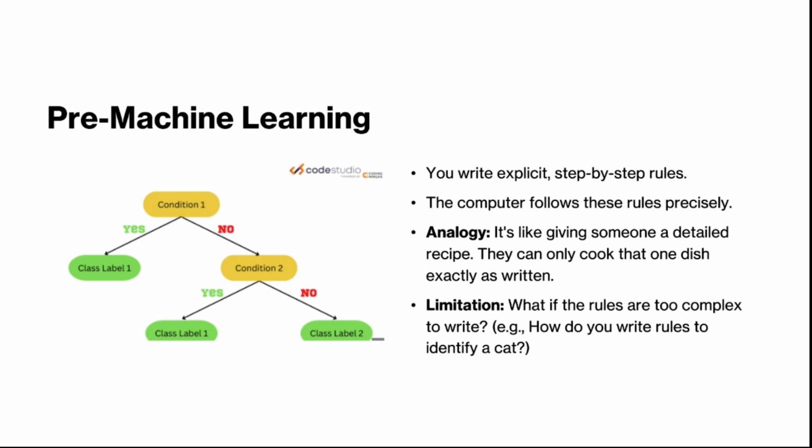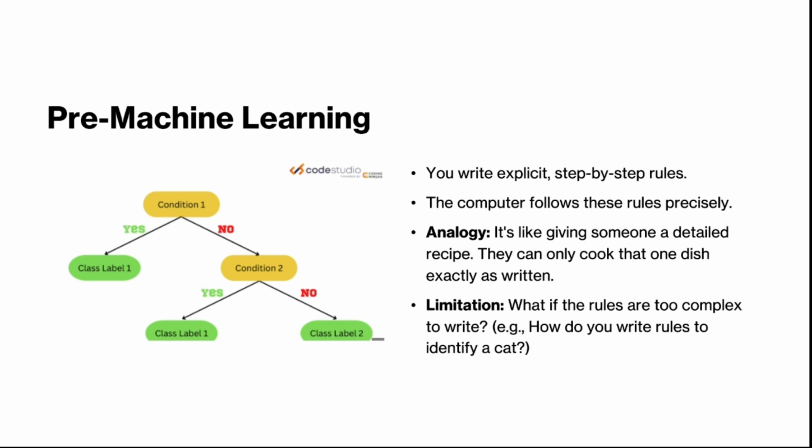Like you have a condition, if yes, and if no, accordingly you go to the next step. There are multiple rules it follows, and whichever rule applies, it is that. That is how we used to make decisions. The analogy is that it's like giving someone a detailed recipe, but they can only cook that one dish exactly as written.